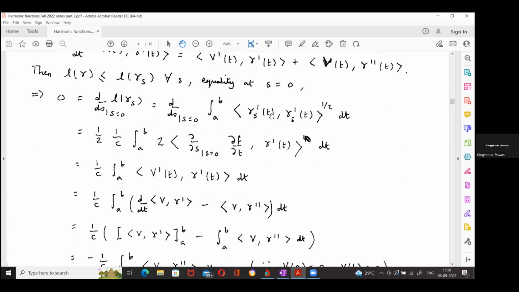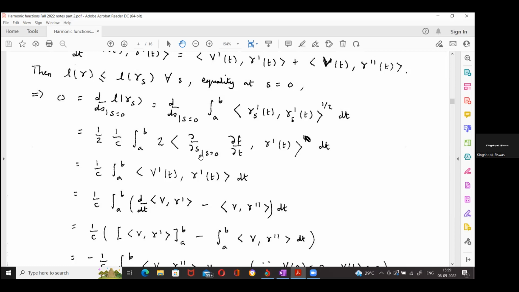That will be basically 1 over the norm of gamma prime, so that will give me a 1 over C. And then I'll get 2 times del del s at s equal to 0 of gamma s prime of t. So gamma s prime of t is del f del t. This inner product with gamma prime of t, dt. Is this okay?